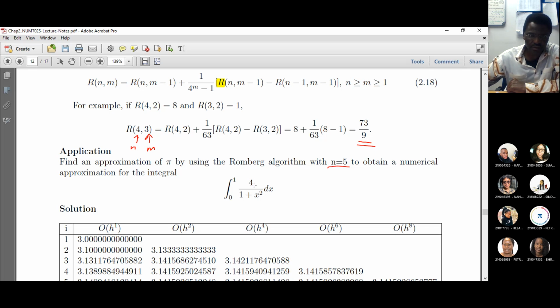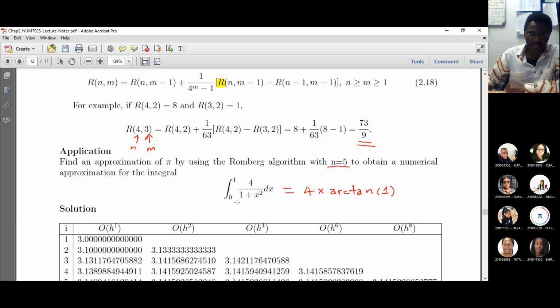And now, because you have 4 here as a factor, so let me write, so this is 4, right? From your calculus, the tangent inverse of 1.